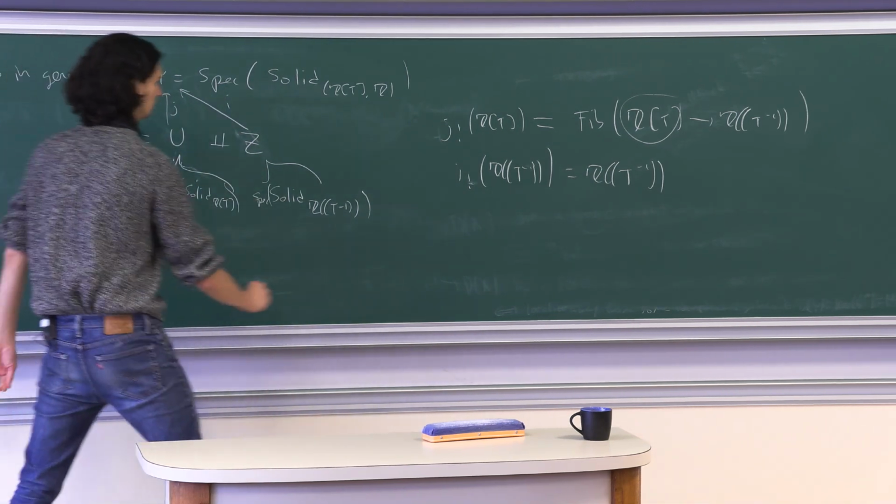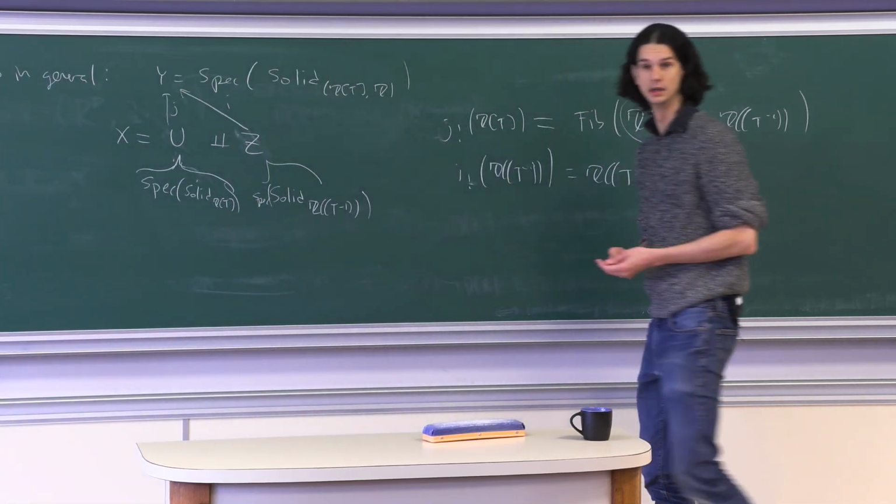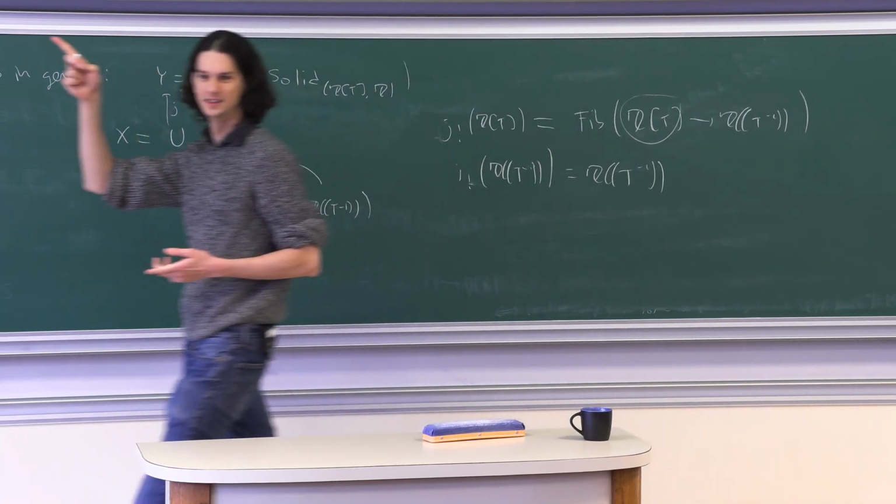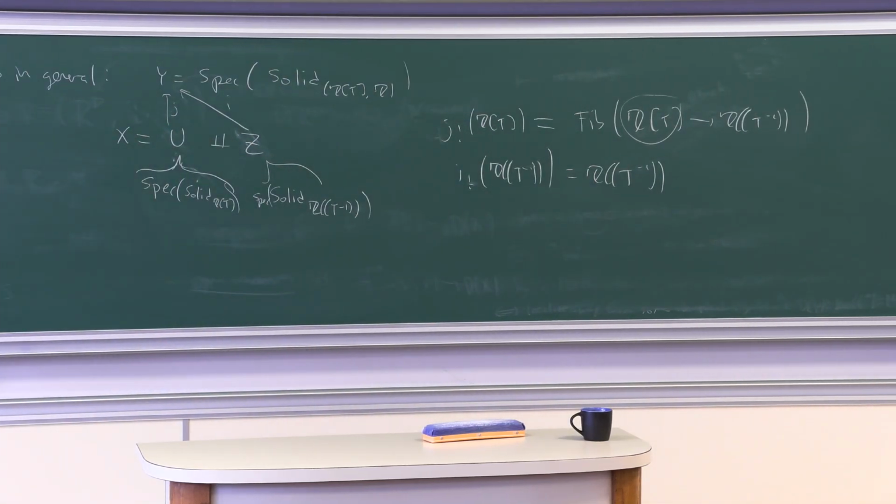When it is not shriekable. Sorry? You said it is not shriekable. No, it's shriekable. Sorry? No, it's not. It's not a shriek cover, because for the cover you just get U and Z separately somehow. Yeah, you get the derived category of U times the derived category of Z. It's not the derived category of Y. Exactly.